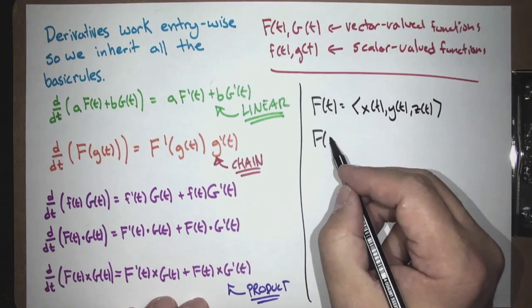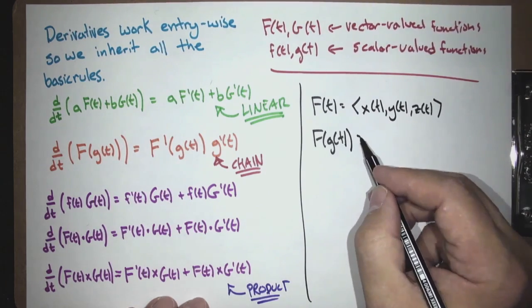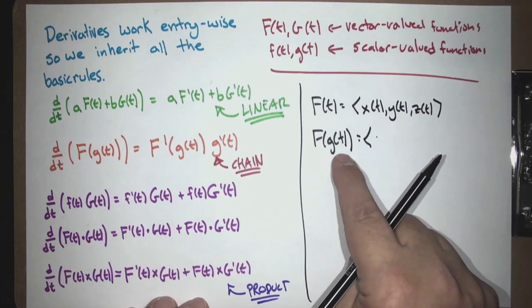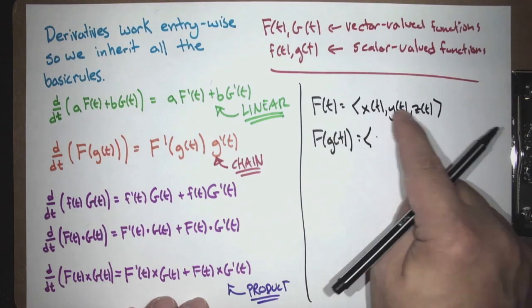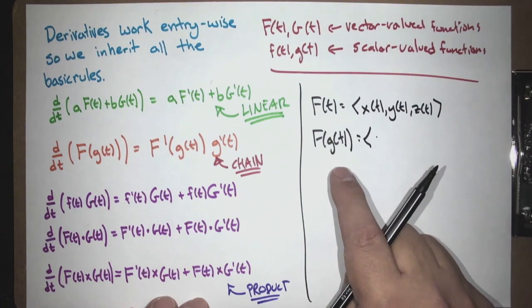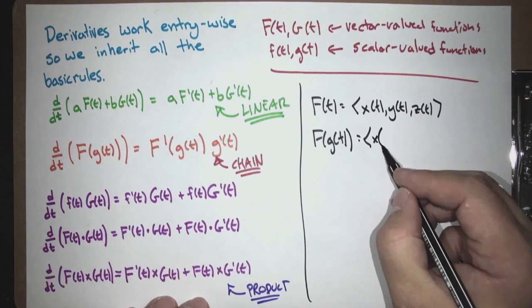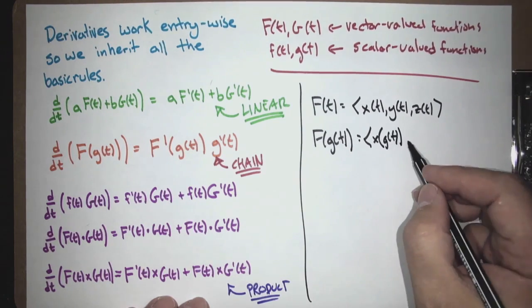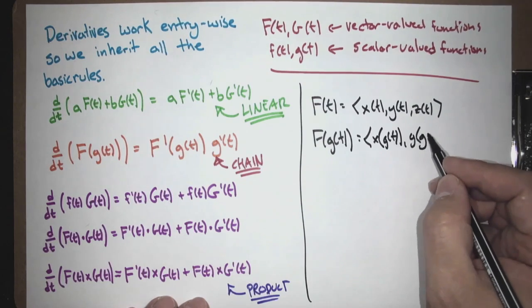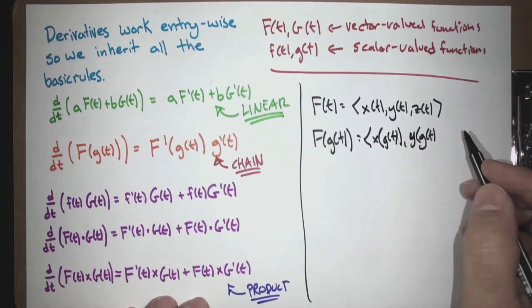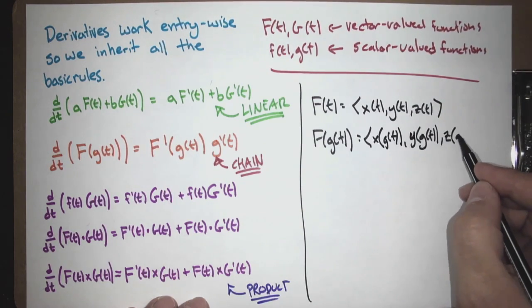So f of g of t, that would be, everywhere where I used to have a t, what goes in place? g of t. So this will become x of g of t, y of g of t, and z of g of t.